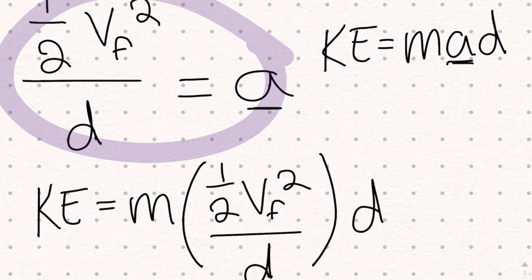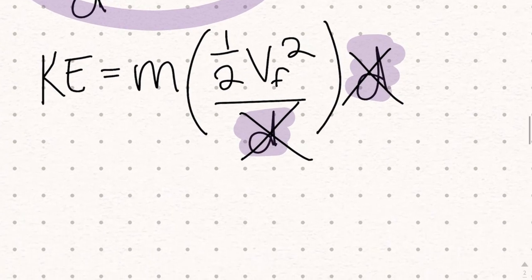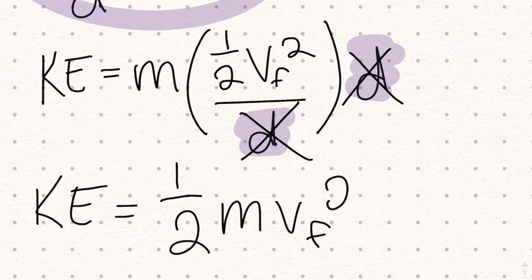So we substituted that in. Now you'll notice that we have distance on the bottom of the division, and we've also got multiplied by distance. And so those are going to cancel each other out, and we are going to be left with kinetic energy equals 1/2 times mass times velocity final squared. Okay, and since we've only got one velocity in here, we can go ahead and take away that velocity final, and it's just whatever velocity the object is going at that time.